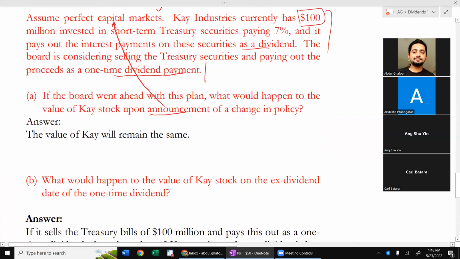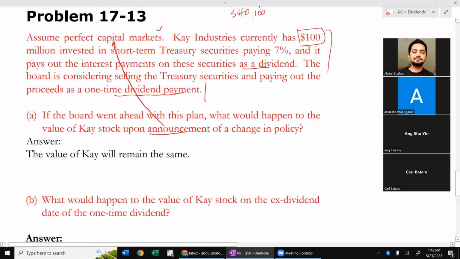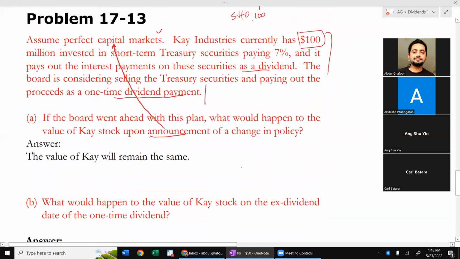Okay, what would happen to the value of the K stock on the ex-dividend date of the one-time dividend? So may I ask you a question? When the company distributes the 100 million, you know that the P cumulative is always higher than the P ex. The question is asking what will happen on the ex-dividend date, meaning when the company pays. So what will happen to the price?